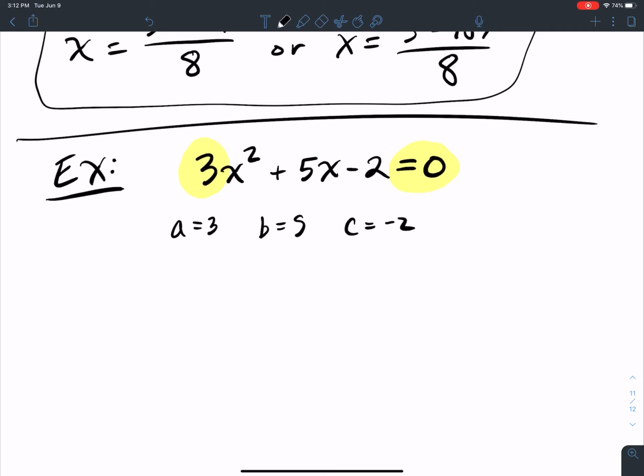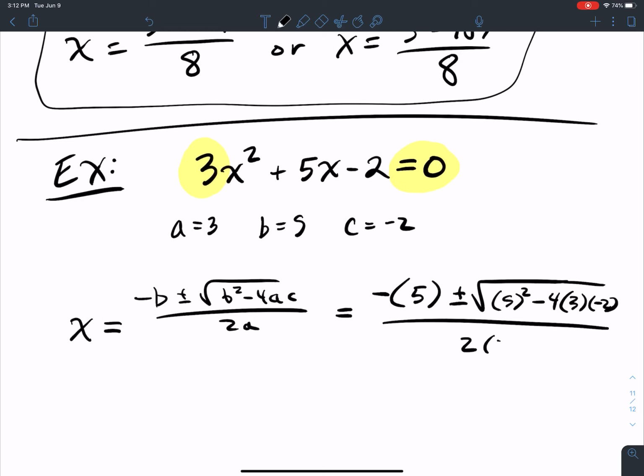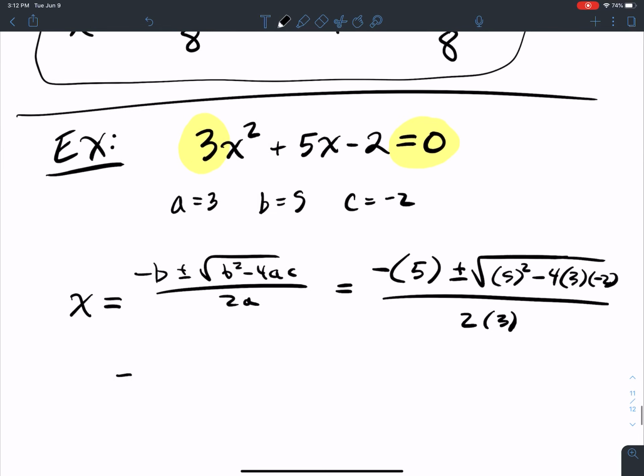Okay? So x equals, and then negative b plus or minus square root b squared minus 4ac over 2a. So this is negative, and then parentheses 5 plus or minus square root parentheses 5 squared minus 4 times a times c over 2a. I'm telling you, if you write your parentheses, it's not going to be that big a deal.